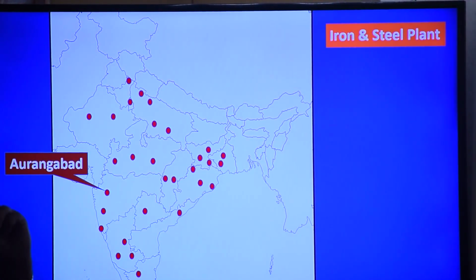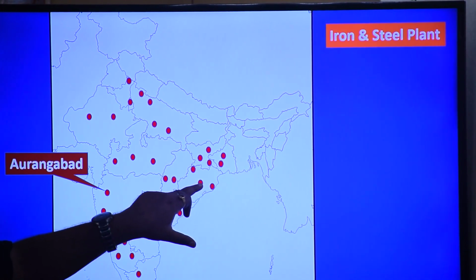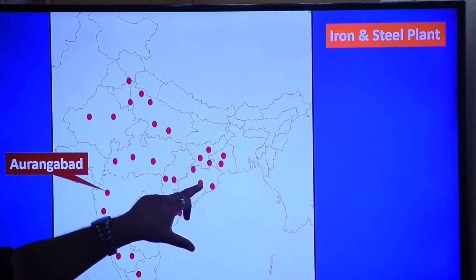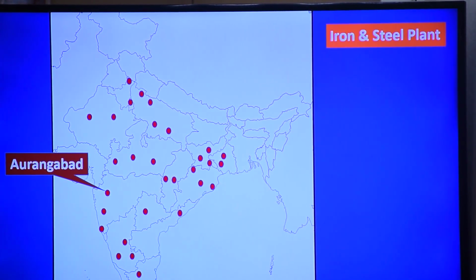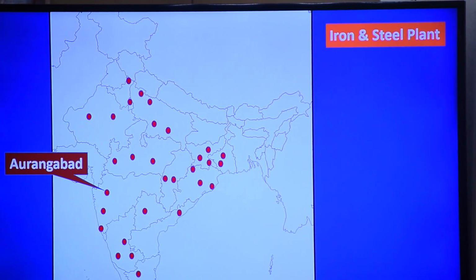Another branch of TISCO is starting in Kalinganagar. So which steel plant is it? Kalinganagar steel plant. It is also a major integrated steel plant. Major integrated steel plant simply means there is a need for a large amount of raw materials.